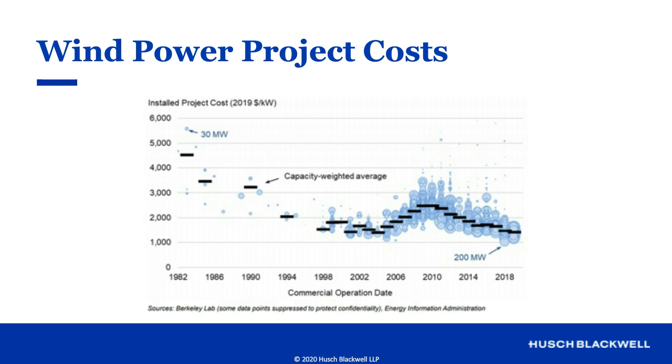And once again, project costs are starting to gravitate towards that trend line regardless of project size, even on the very, very small projects, which you can see by the small dots at the top of the graph. Even those start to go away over time, and everything starts to trend to the weighted average capacity project costs, and everything is still continuing to trend much lower.